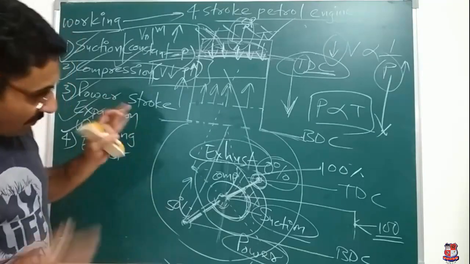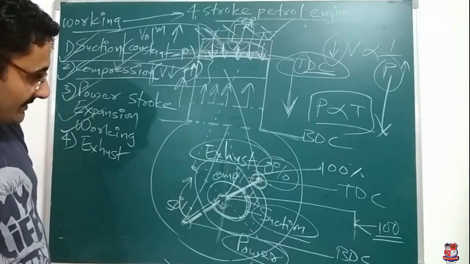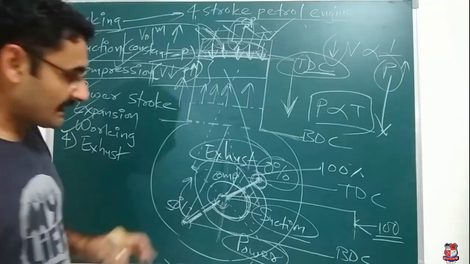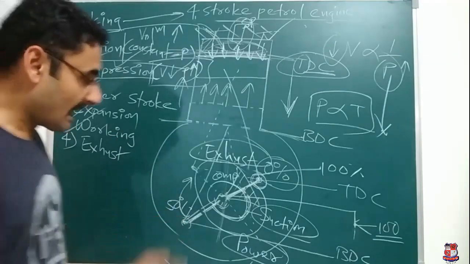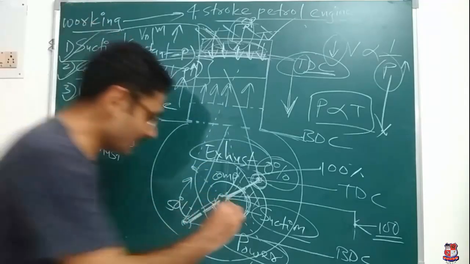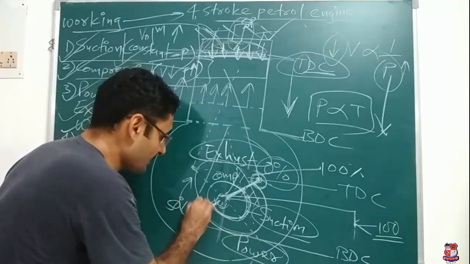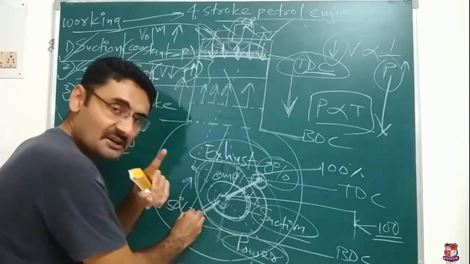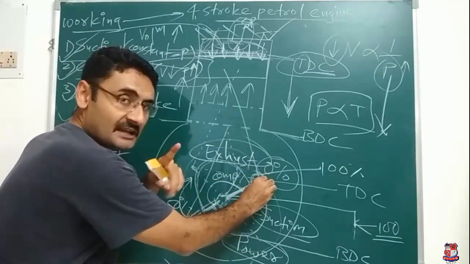Okay. Now we will observe the diagram. It is not clearly visible, but still we will observe it. In this diagram, how many rotations has the crank done? First, half rotation suction, remaining half rotation compression: one rotation. Then another half rotation power, last half rotation exhaust: two rotations.